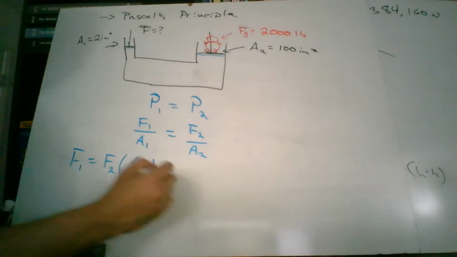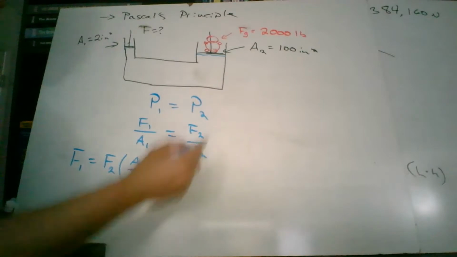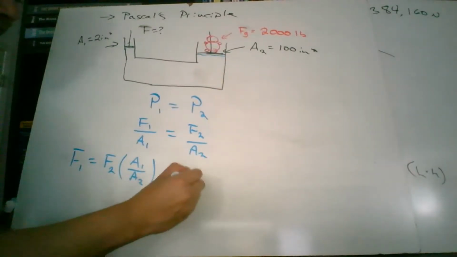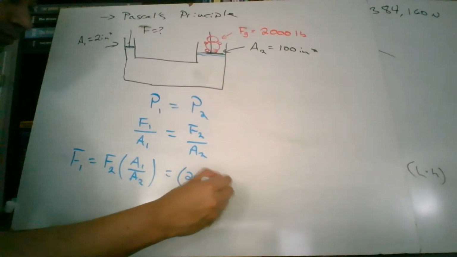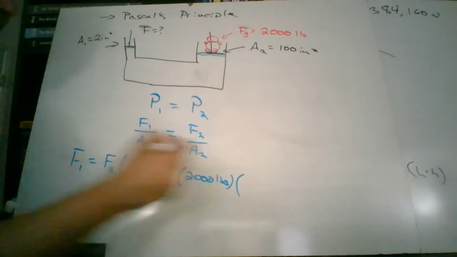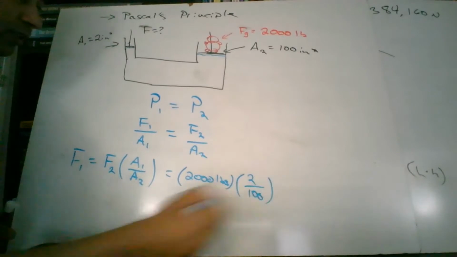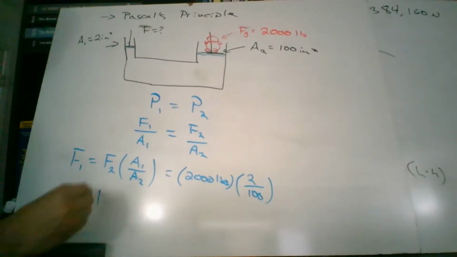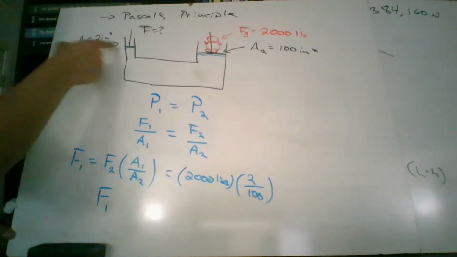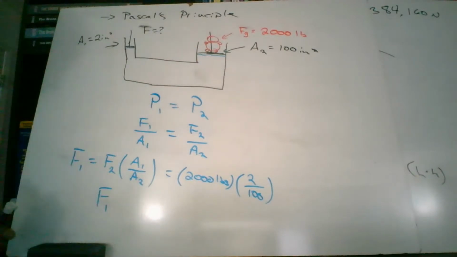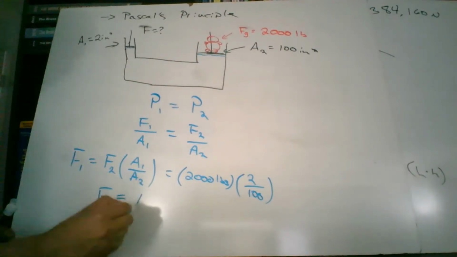So if we plug in our numbers here, we have the force on 2, which is the 2,000 pounds, and we multiply it by the area of 1, which is 2 inches squared, divided by 100 inches squared. We will get that the force required to push down on this one to lift this one up would be 40 pounds.